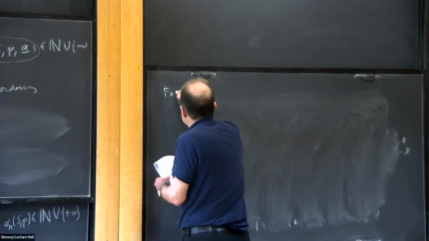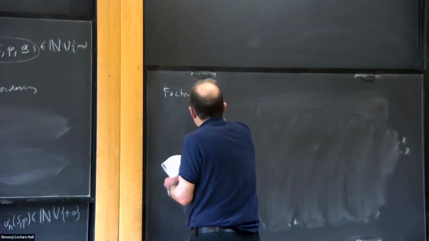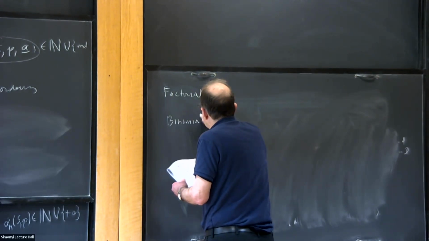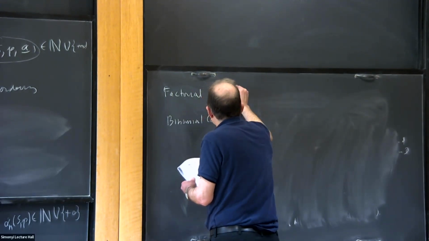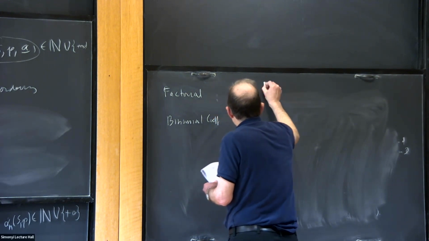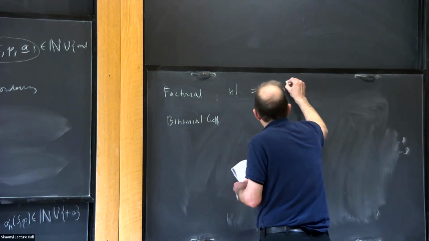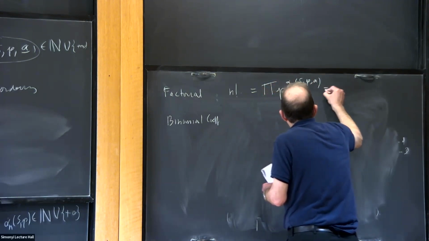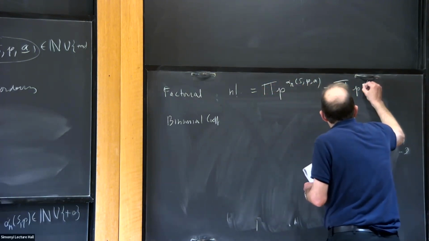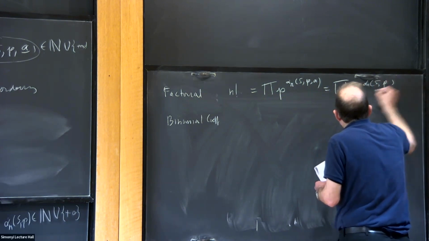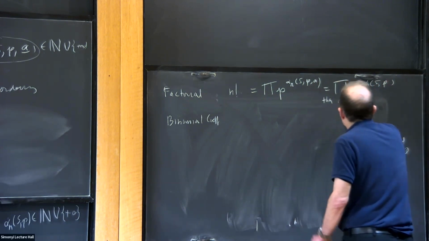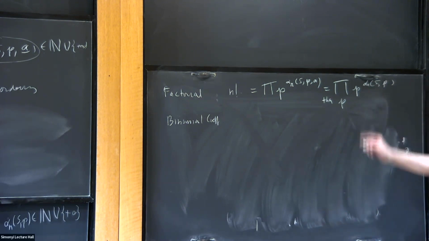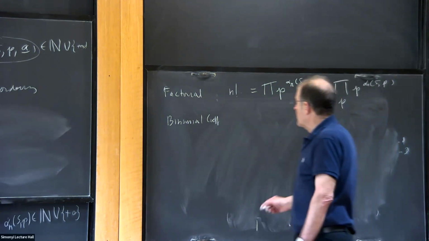But okay, now we can define the factorial, which I already did. We can define the binomial coefficients in terms of these factorials by this formula. So now we have the formula again, that P to the alpha sub n of S, P, A, which is now equal to P of alpha sub S, P by the theorem, over all the primes P. And of course, one has to prove that all but finitely many vanish and so on.